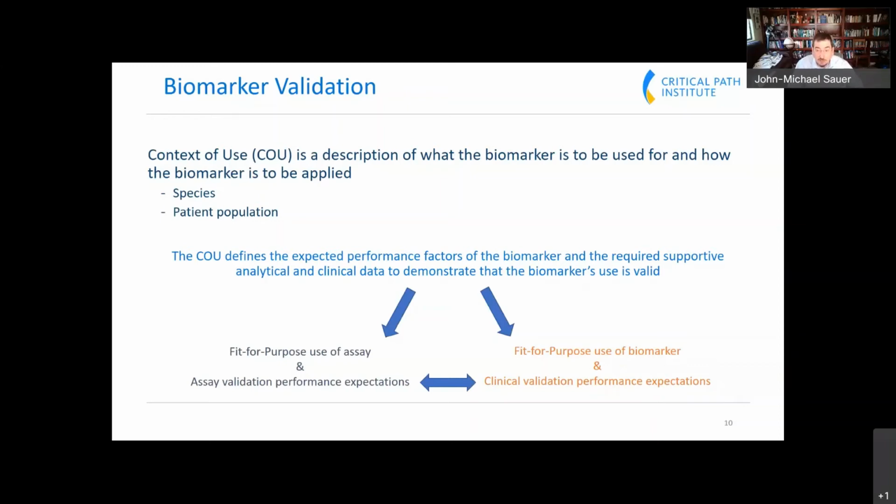And it will also help you then define the relationship between the two, right? And let me go a little bit further in the detail on that. And between the two, I mean the assay and the analytical validation, or the assay and the clinical validation.